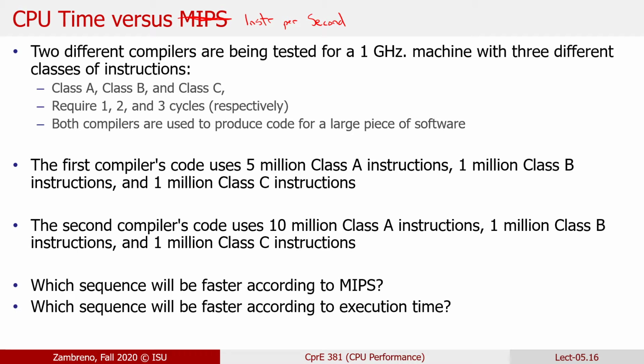And so according to MIPS, that's according to our instruction throughput of how many instructions per second we are executing, we would have, I believe, the mistaken resolution that the second compiler is giving us a better outcome. But ultimately, performance, and all we ultimately care about, is measured in time.